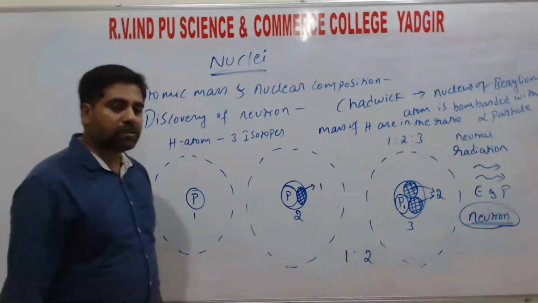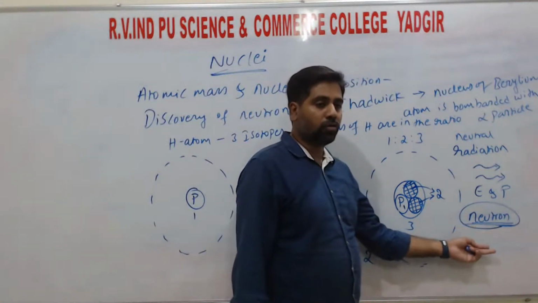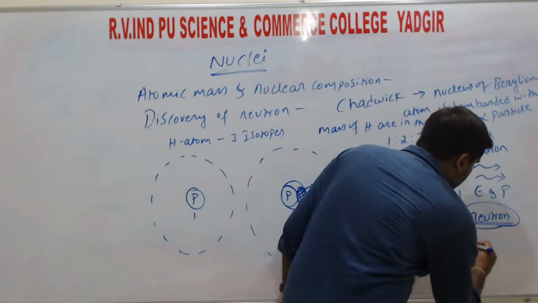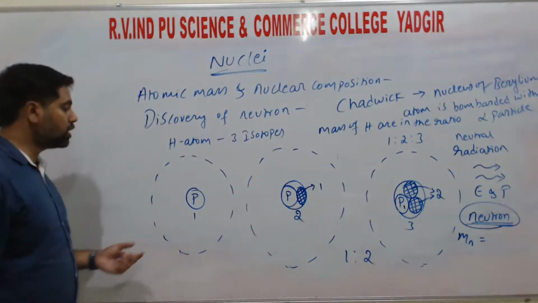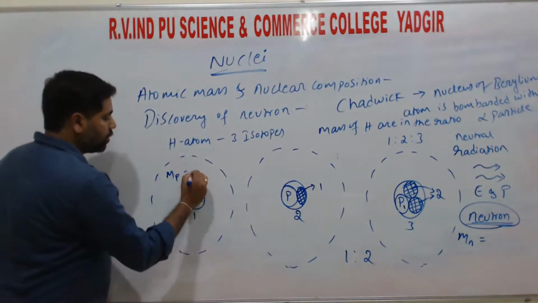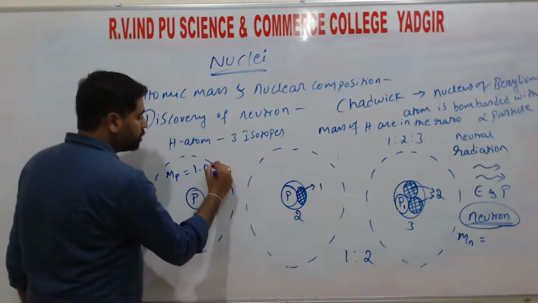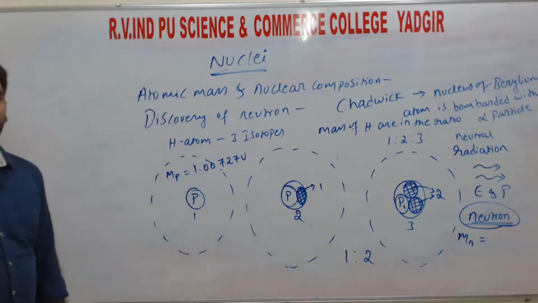Using mass spectroscopy, he measured the mass of the neutron, right? The mass of the neutron is given as mn, and the mass of the proton is given as mp. That value is 1.00727 u, right?